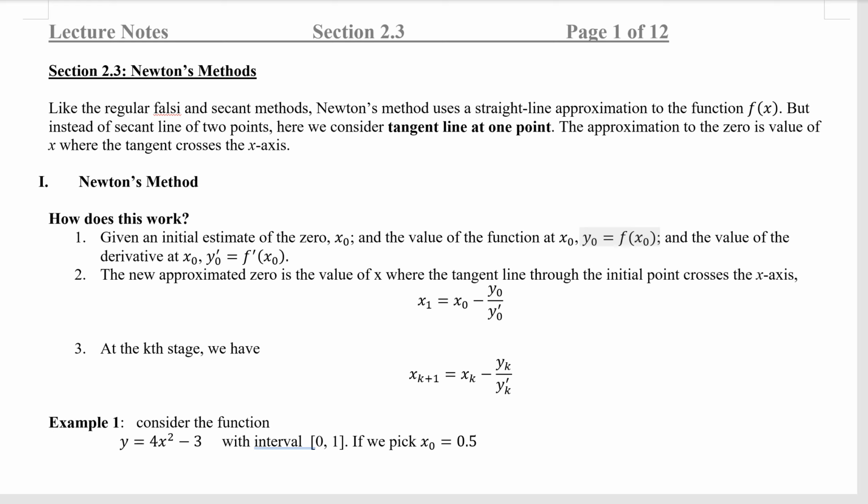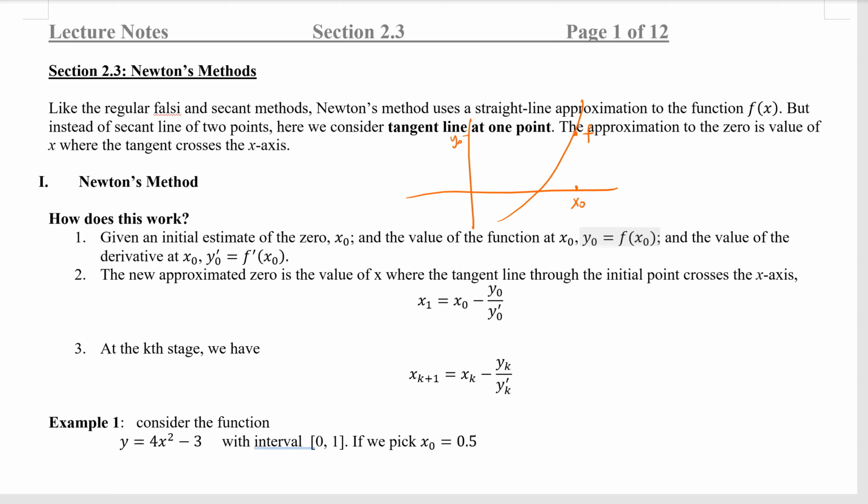Okay, so let me draw a picture here. Instead of f over an interval, we would just have an initial point x0. Let's say our f looks like this. Let's say this is x0, and then this is the y0.